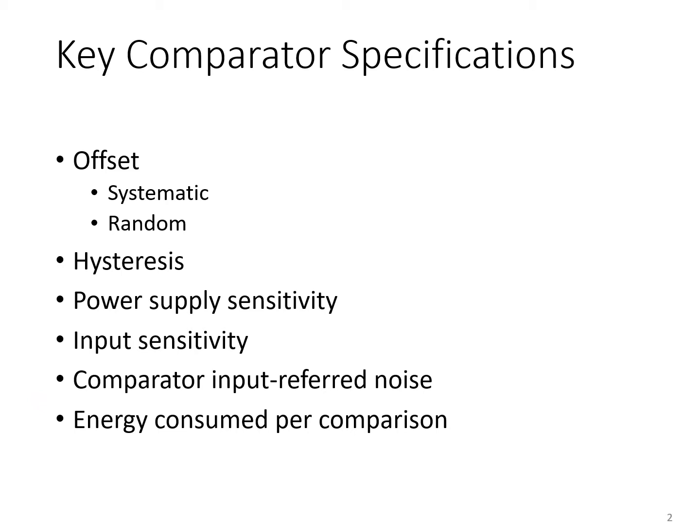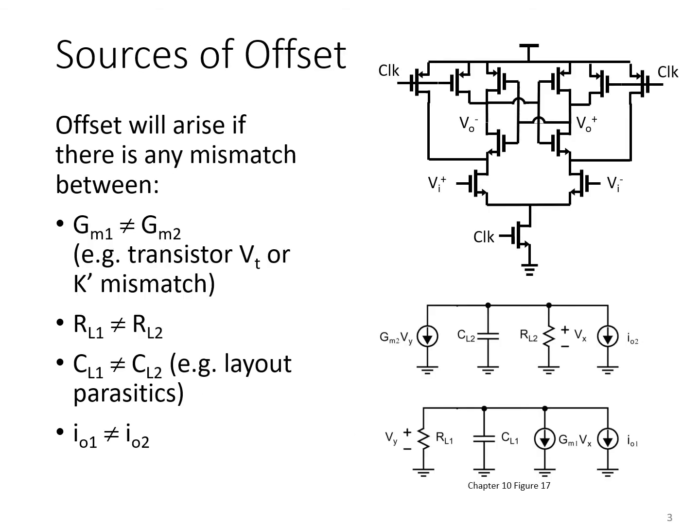And then finally, the energy consumed per comparison is a power consumption metric that is very useful for dynamic comparators in particular. So let's begin with offset.